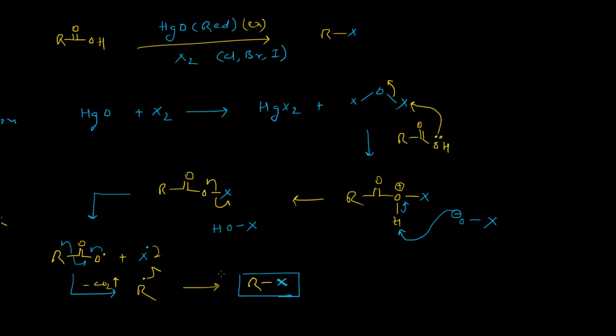So this is the modified Hunsdiecker reaction where mercuric oxide, red mercuric oxide is used in excess. So here X can be chlorine, bromine or iodine.